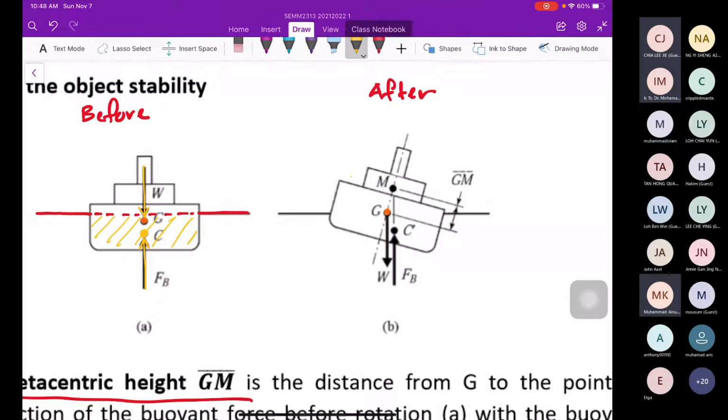The line of action at G shall be the same.